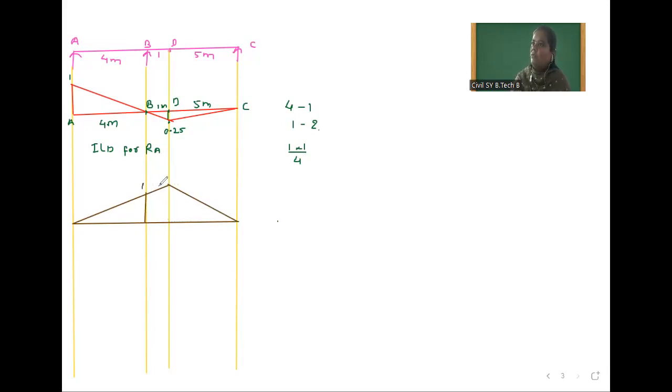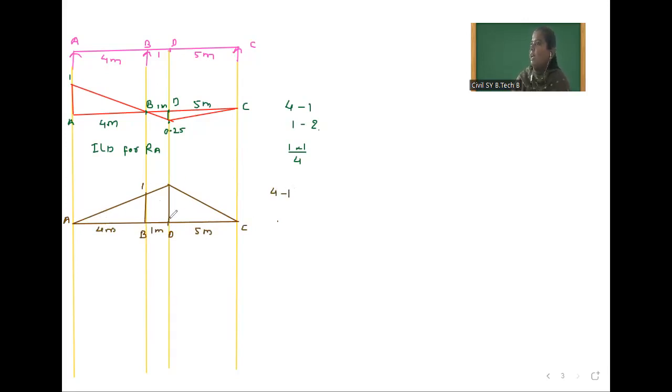So here value is 1. So here you have to find out value, this value. Okay. So this is A point, this is B point, D and C. This span is 5 meter, this is 1 meter, and this is 4 meter. Okay. So for 4 meter value is 1.